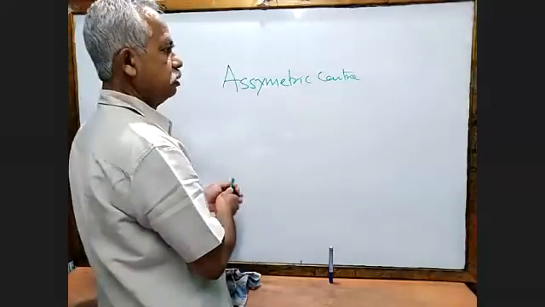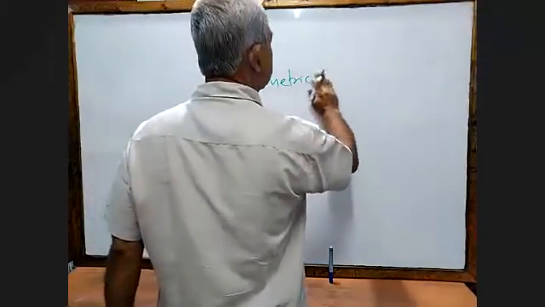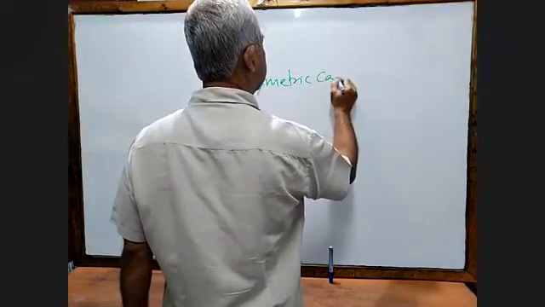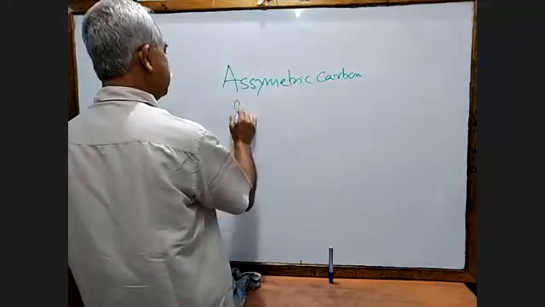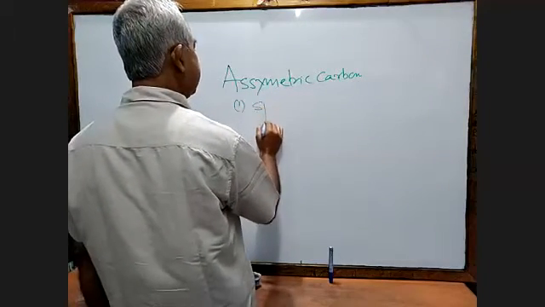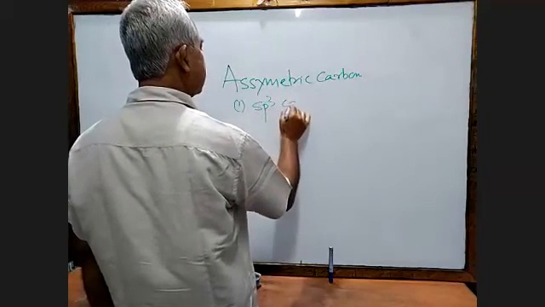So asymmetric carbon should be an sp3 carbon.